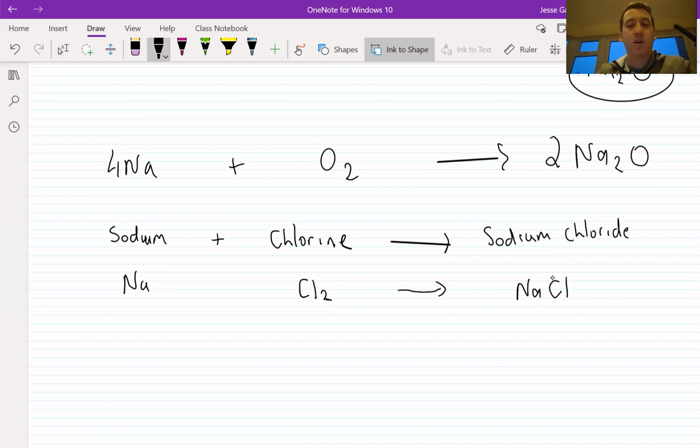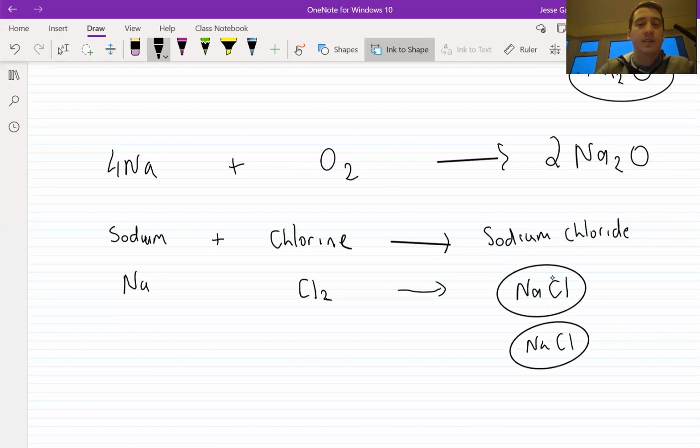Now, again, that is not balanced at the moment because I've only got 1 chlorine on the right and I've got 2 on the left. So if I want to fix that, to protect the formula, I need to have 1 more of the whole thing like this. And that gives me 2 chlorines on the right, 2 chlorines on the left, 2 sodiums on the right, and I've only got 1 on the left.